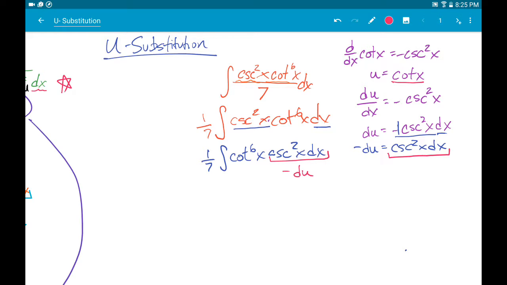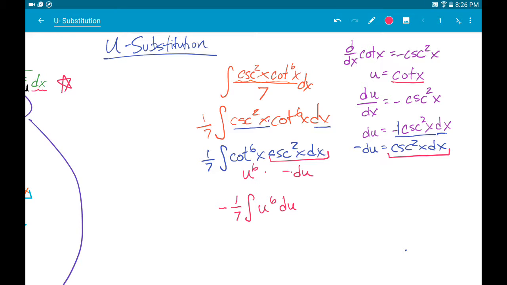My u's up here, is cotangent x. So cotangent to the sixth, I can think of this as u to the sixth. And so I now have this integral where I can rewrite it as -1/7 u to the sixth du. Because this is a constant, this -1, I moved out here in front with the 1/7.